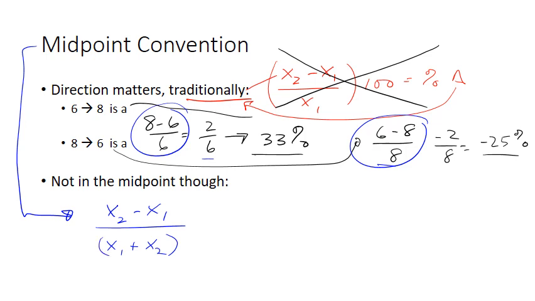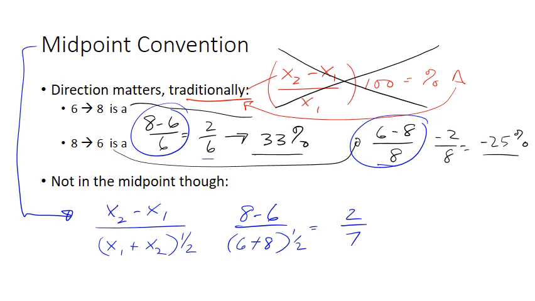So you can add the two of them together and divide them by 2, or multiply them by a half. So in our case, you're going to be able to take 6 to 8 or 8 to 6, either one, and we are going to divide by 6 plus 8 times a half. So we'll end up with 2 over 7.